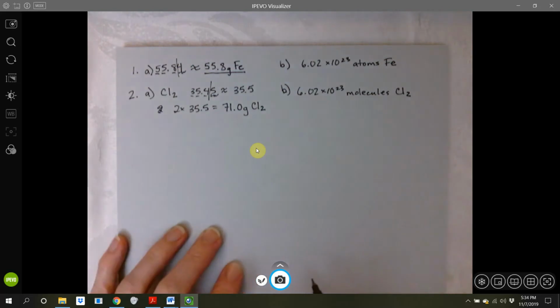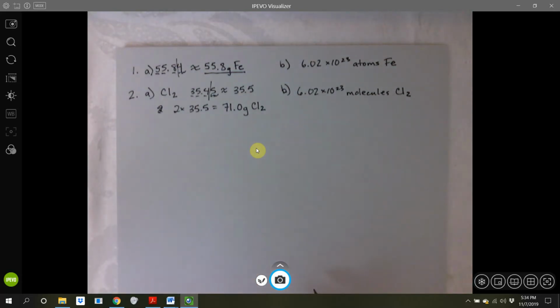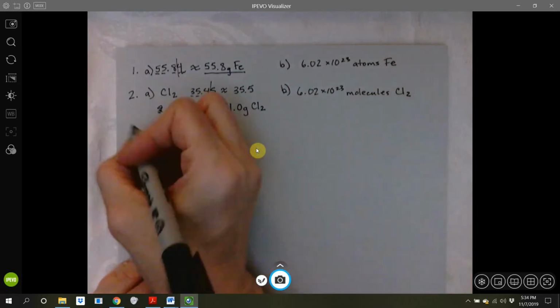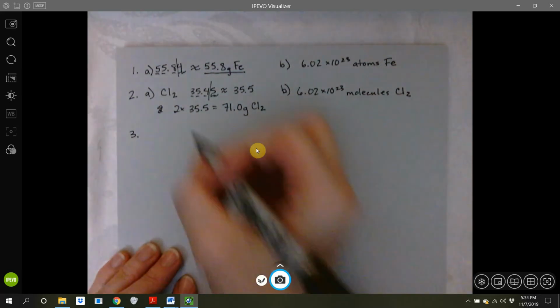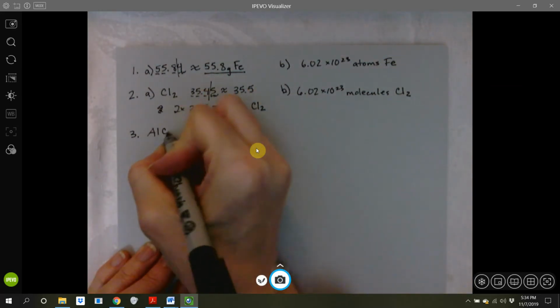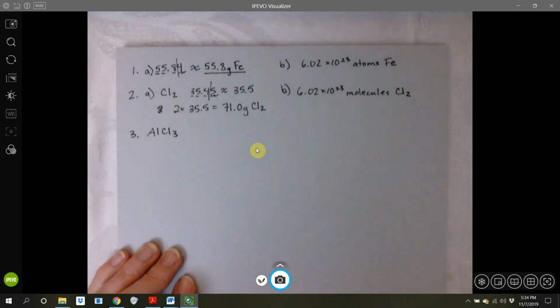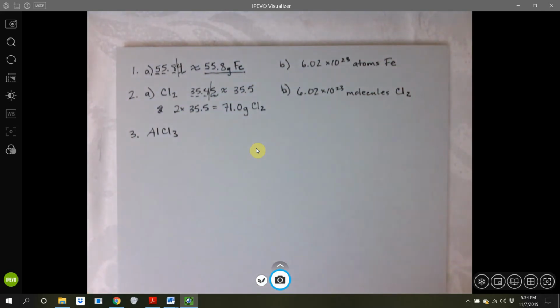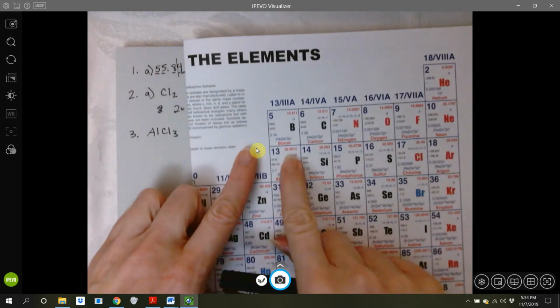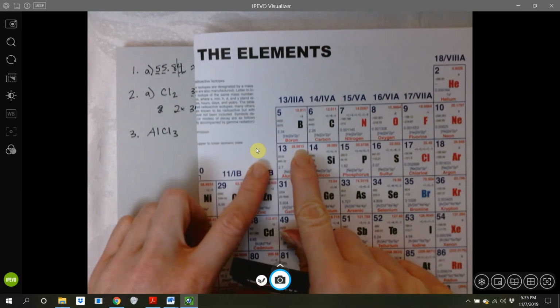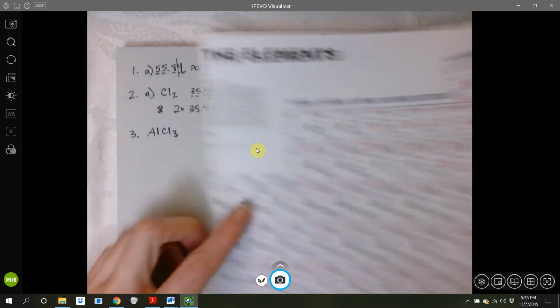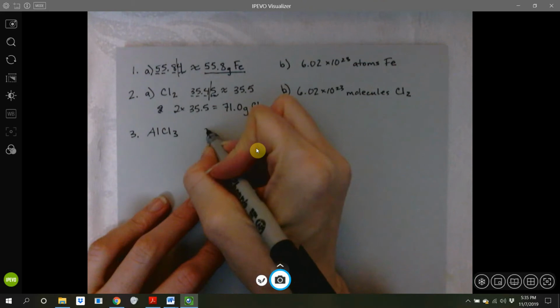Okay. Number 3 says, what is the molar mass of aluminum chloride? Here we're adding things from the periodic table. It's AlCl3. Our aluminum has a mass of 26.9815.